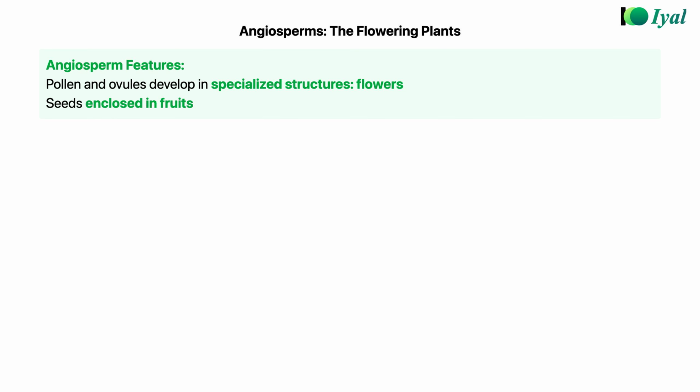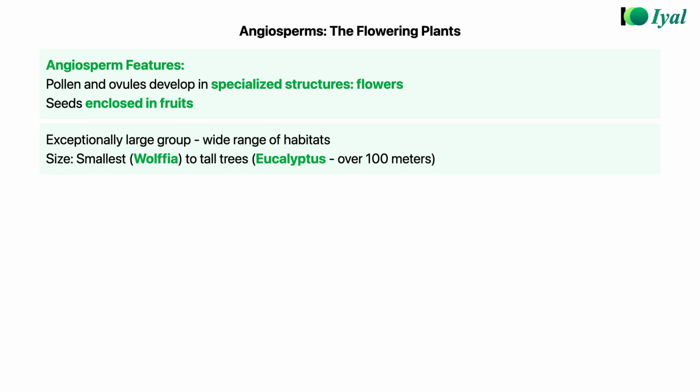Finally, we come to Angiosperms, or flowering plants. Unlike Gymnosperms where ovules are naked, in Angiosperms the pollen grains and ovules develop in specialized structures called flowers. And after fertilization, the seeds are enclosed in fruits. That's the defining characteristic. The word angiosperm literally means enclosed seed.